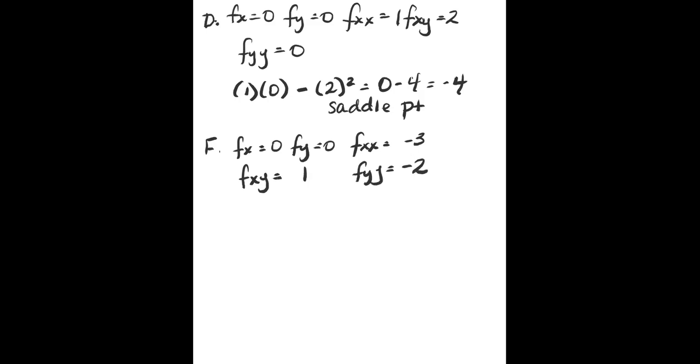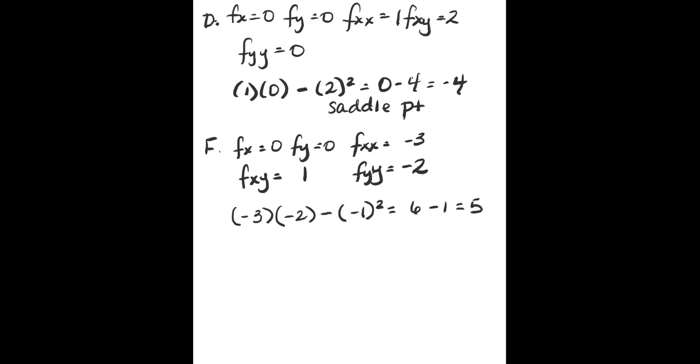So we're going to skip that one and we're going to go to F. All right. So Fx is 0. Fy is 0. Fxx is negative 3. Fxy is 1. And Fyy is negative 2. Okay. So we're going to do negative 3 times negative 2 minus 1 squared gives me 6 minus 1, which is 5.